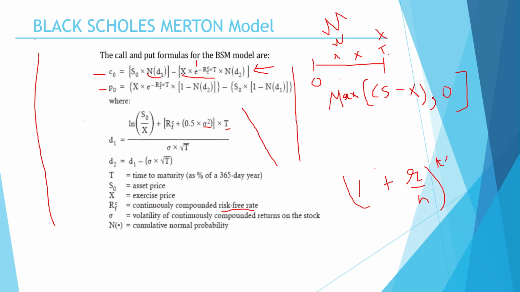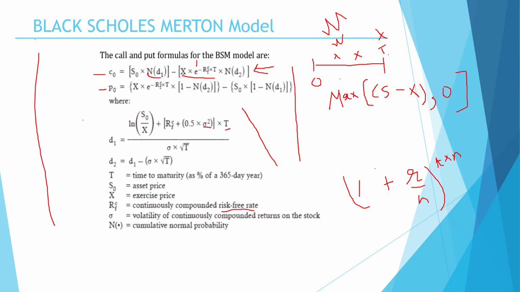Now, if you want to compound at a half-yearly rate, this n will become equal to 2. This n is the frequency at which you want to compound.